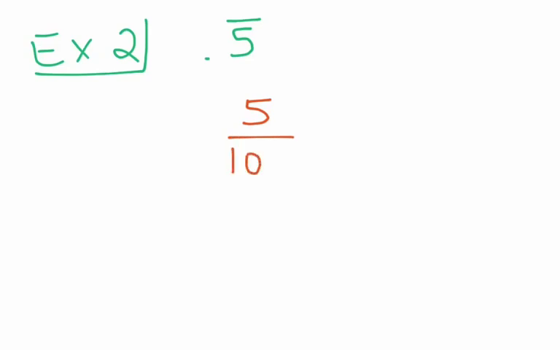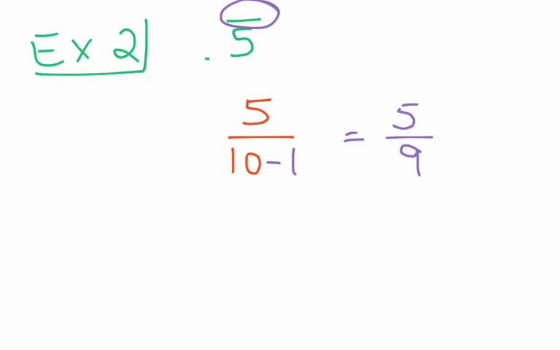However, when we see this repeating bar, that tells us to subtract 1 from our denominator. So instead of 5 over 10, our fraction is going to be 5 over 9. So 0.5 repeating is equal to 5 over 9.